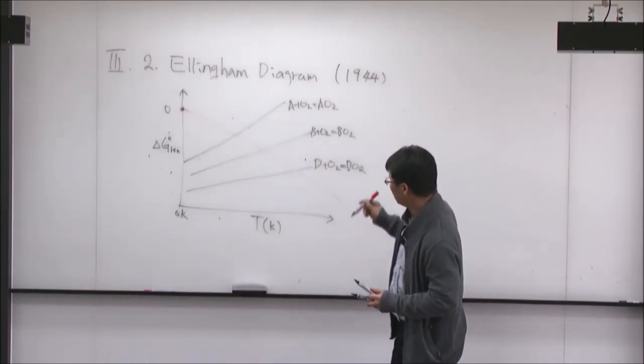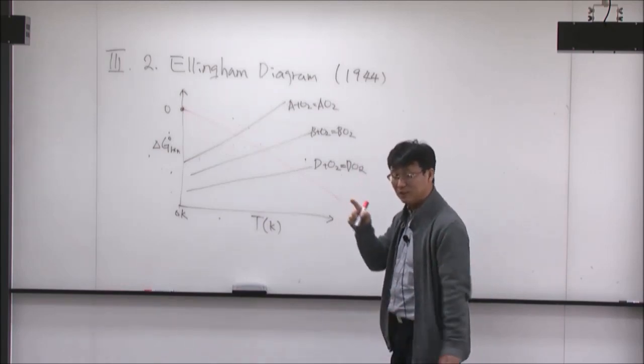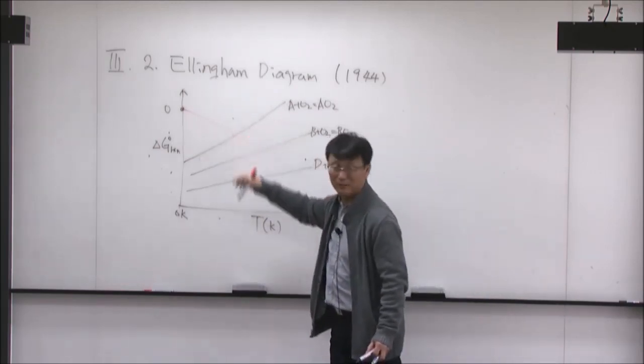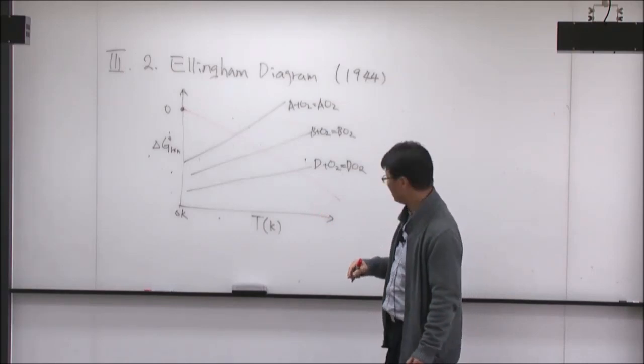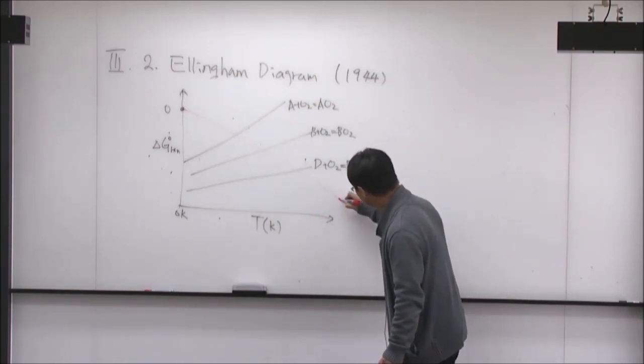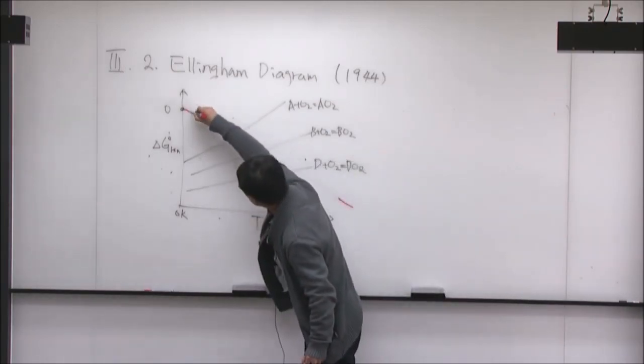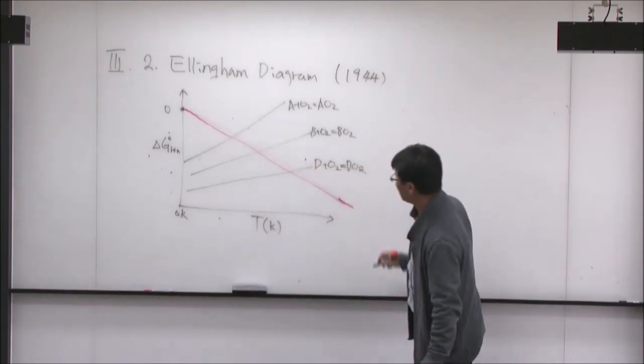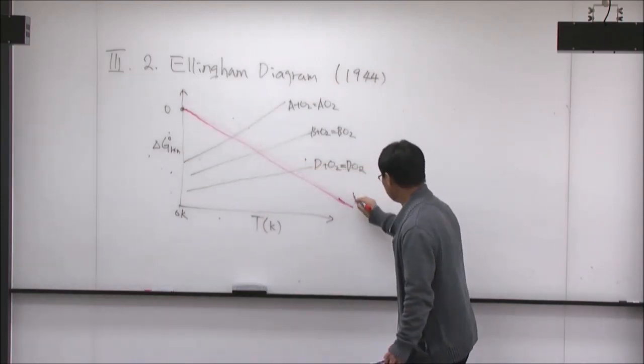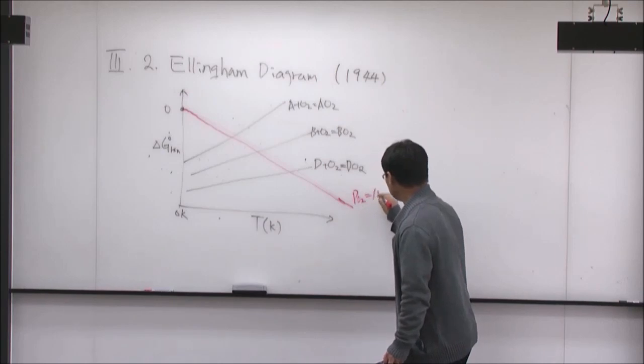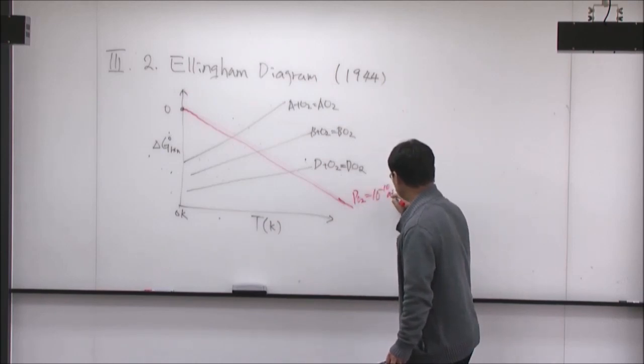So this is the real idea. When you have the 1 atm line, this is simple. But now let's look at this graph. For example, if I draw this line, it corresponds to PO2 equal to 10 to the minus 10 atm.